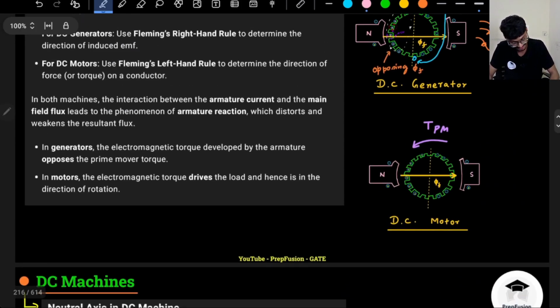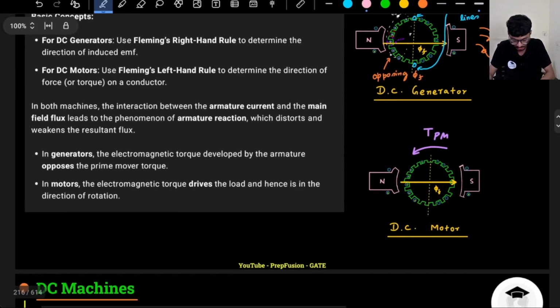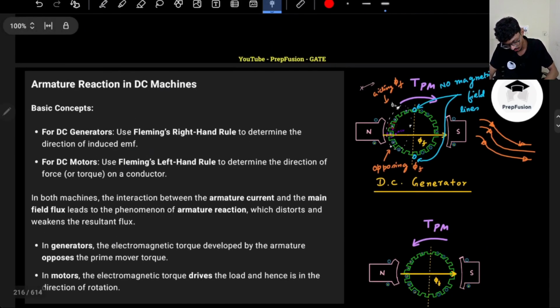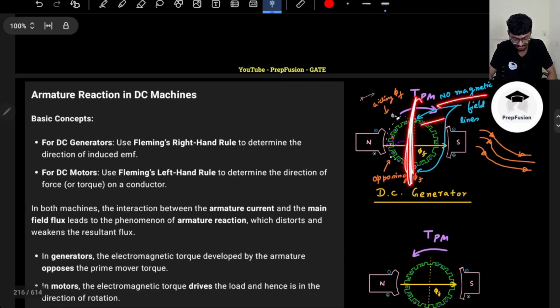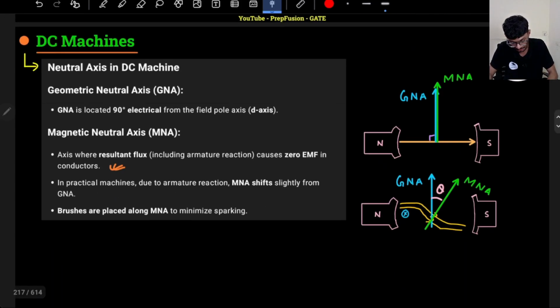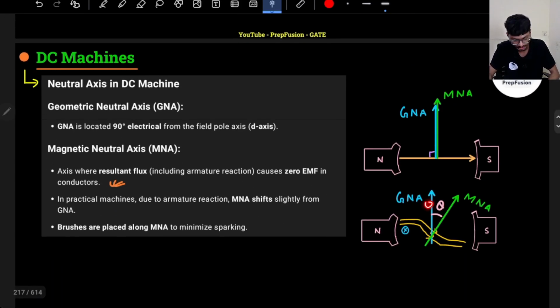Previously I discussed that we place our brushes along the axis where the magnetic field is zero, where it does not carry any current. Previously along the GNA, which was the MNA, there was no current. But now there will be current here because the resultant flux line is like this. Current will be zero in this axis.